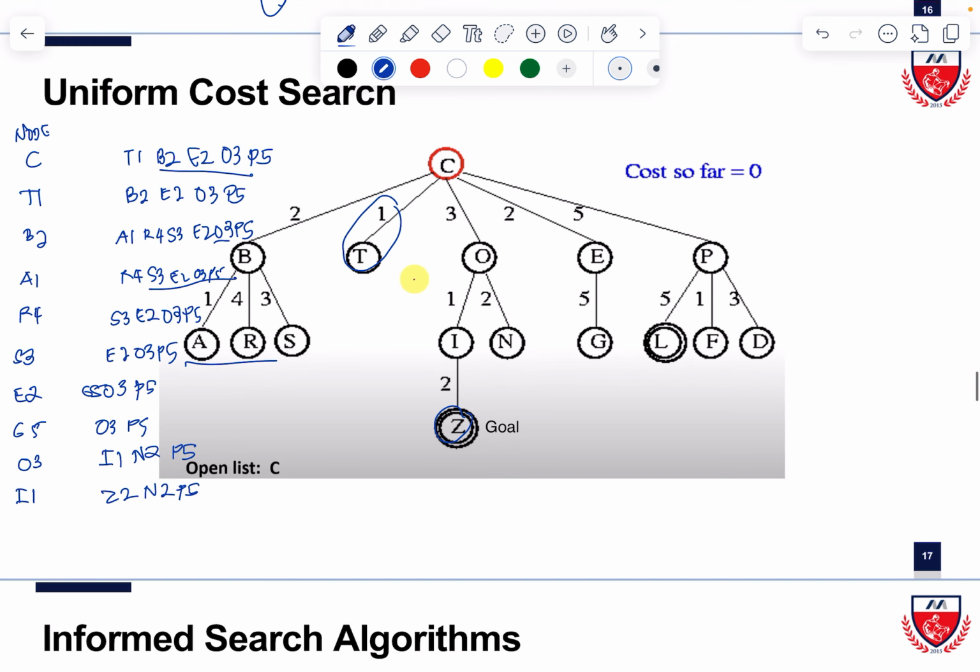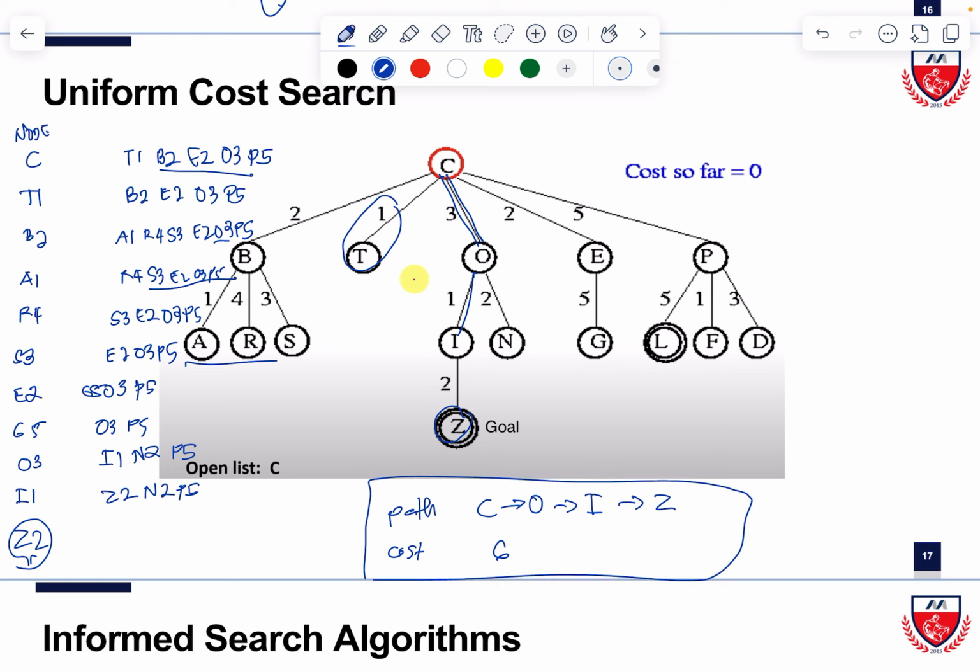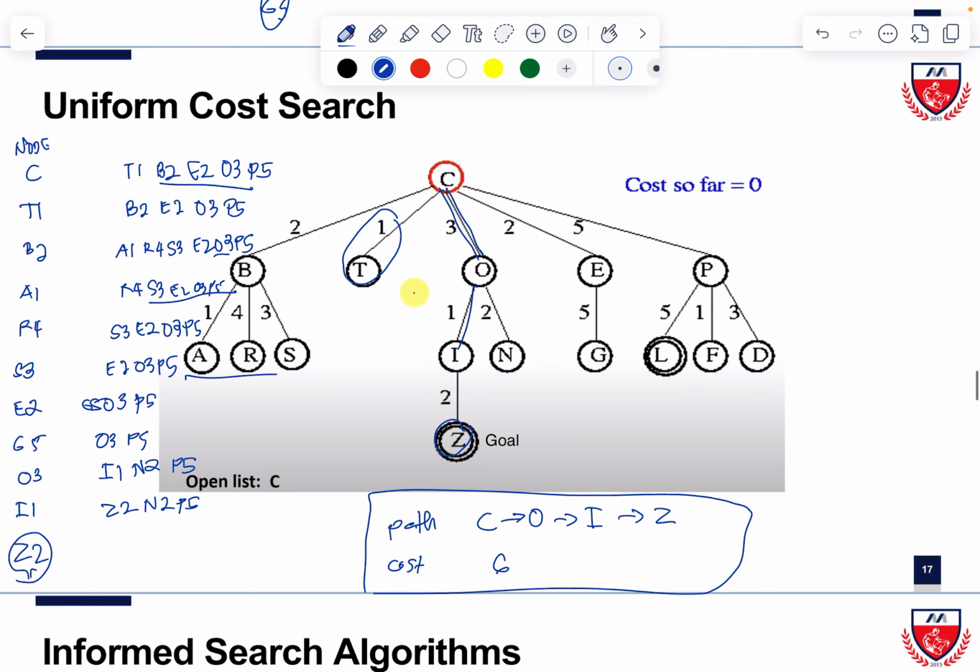Okay, so we have found the goal, which is Z2. We have visited Z, which is the goal. Therefore, the path becomes C, O, I, Z. The cost would be C to O 3 plus 1, that's 4, plus 2, that is 6. So this is how we do the uniform cost search.